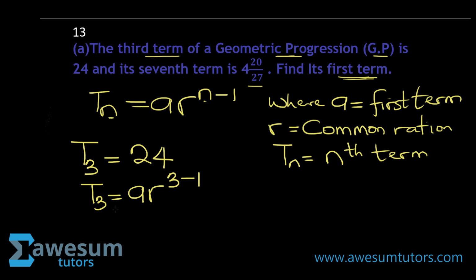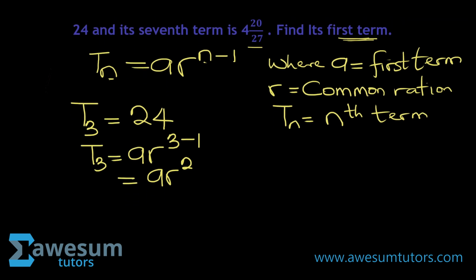So we are using this formula to carve out this. Now in this case, what do you have? A R, 3 minus 1 is 2. So I have A R raised to the power of 2. Very good. So that means T3, which is A R raised to the power of 2, equals, what did we say T3 is?